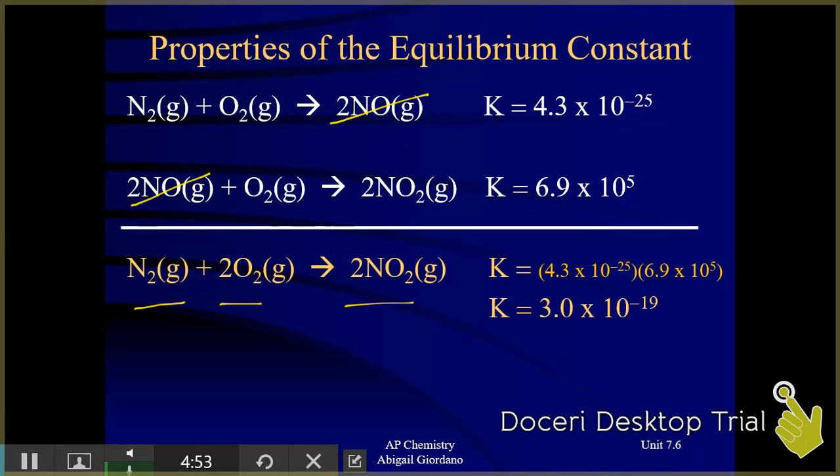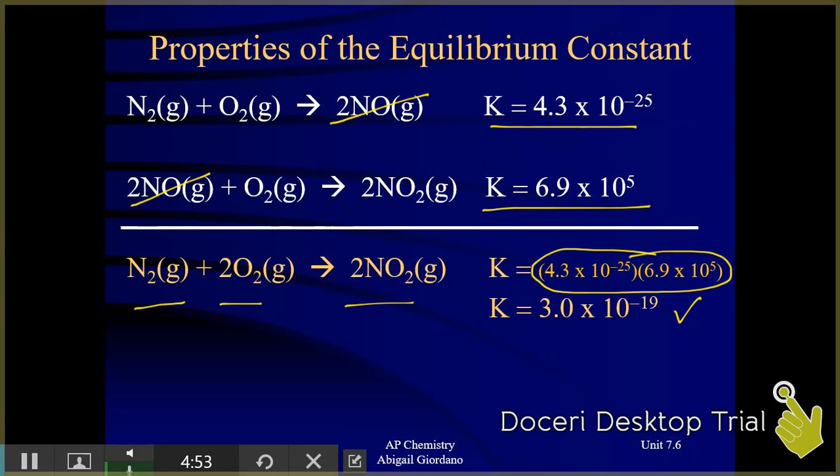Now guys, look what happens to the K value. Unlike when we were dealing with enthalpies, where we just added the enthalpies together to get our total, we don't do that with equilibrium constants. We multiply them together to get a final answer.